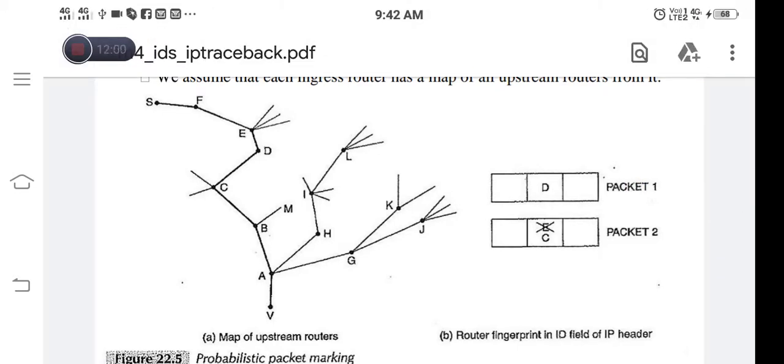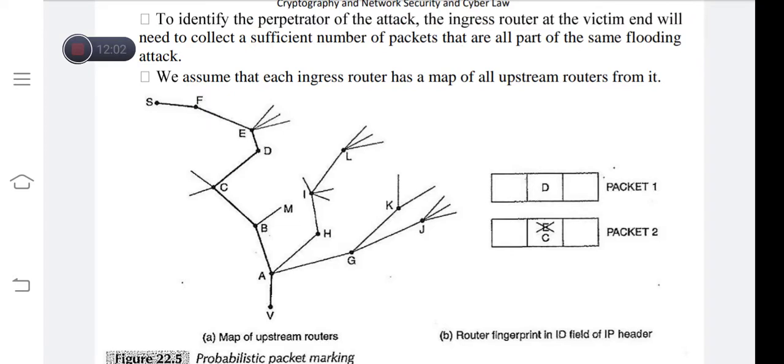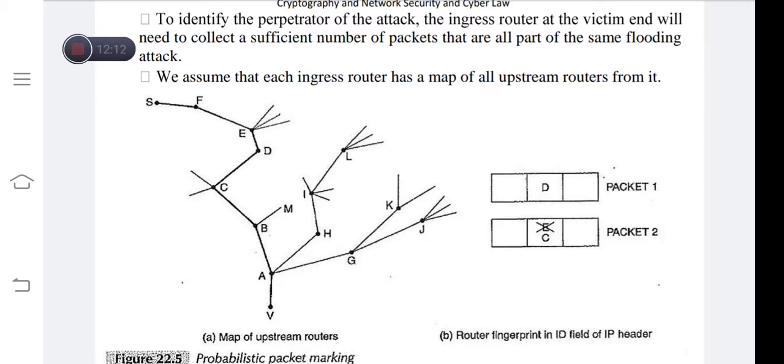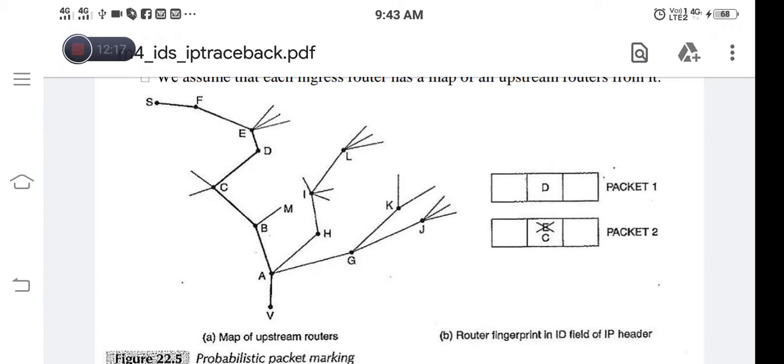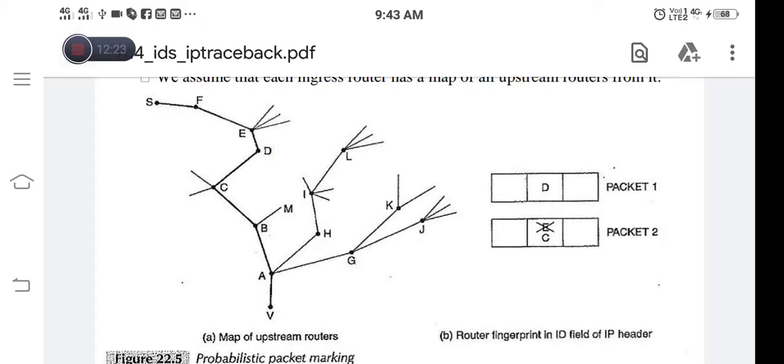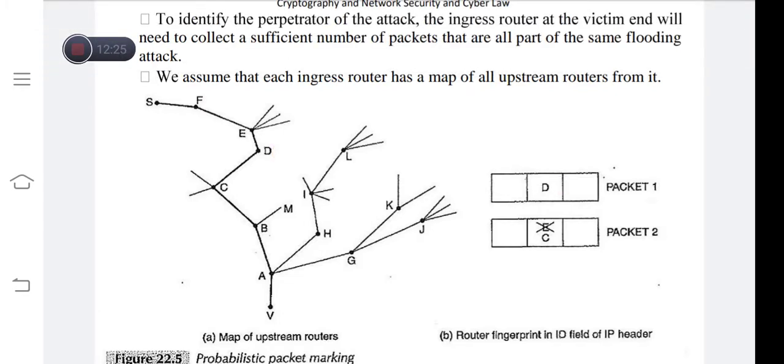Why was packet 1 not overwritten by a downstream router, and why was packet 2 overwritten by the downstream router C? One of the reasons is that router E is very close to the source of the attack, and router D is a little far from the source of the attack.